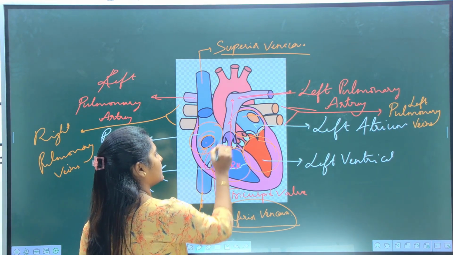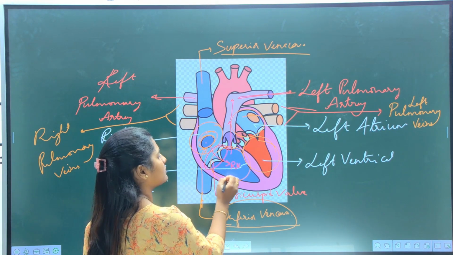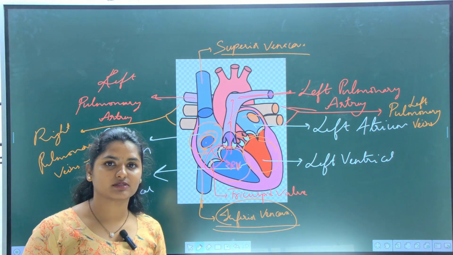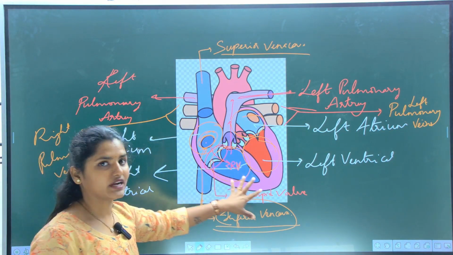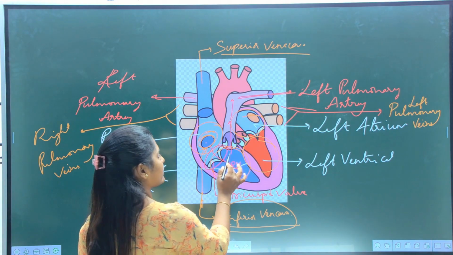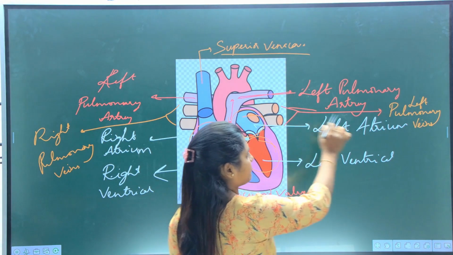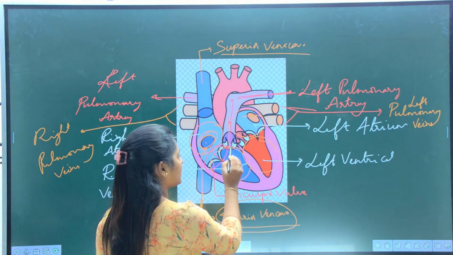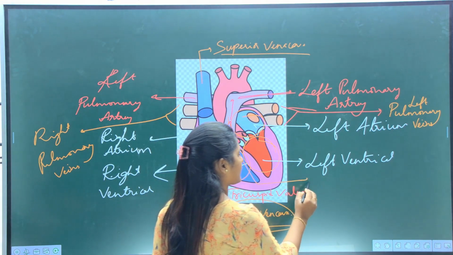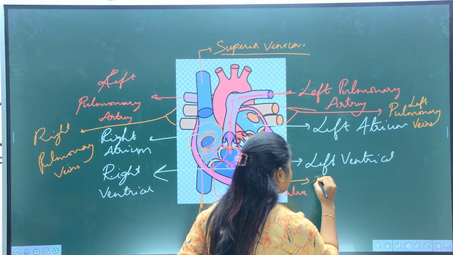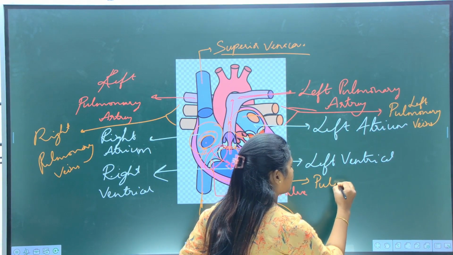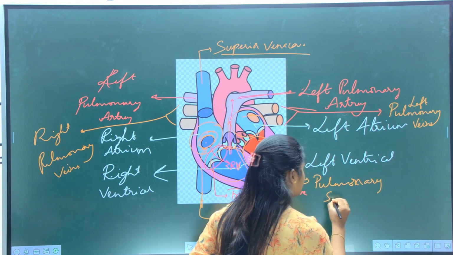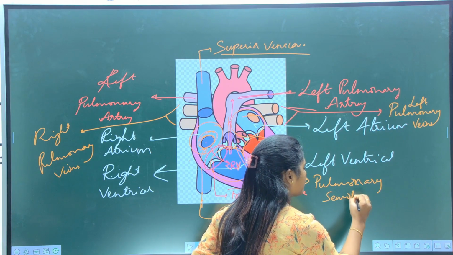From here, the deoxygenated blood transfers to the right ventricle with the help of the tricuspid valve, and from the right ventricle, blood is transferred through the left pulmonary artery and right pulmonary artery to the lungs with the help of the pulmonary semilunar valve.